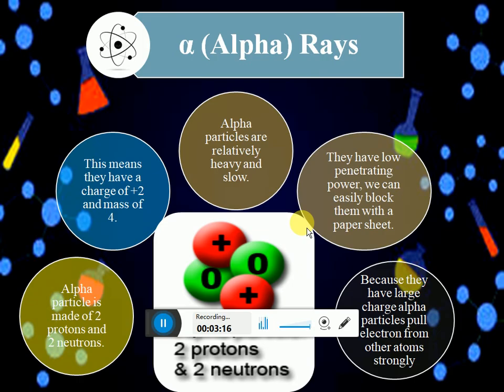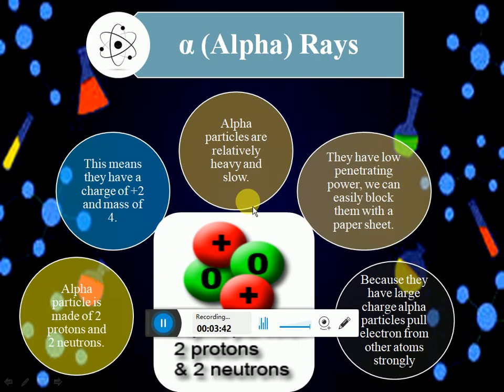Whenever radiation is released in the form of alpha radiation, meaning radiation which has two neutrons and two protons, it is called alpha rays, and they have certain properties. They have a charge of +2, because of two protons, and a combined mass of 4 units.